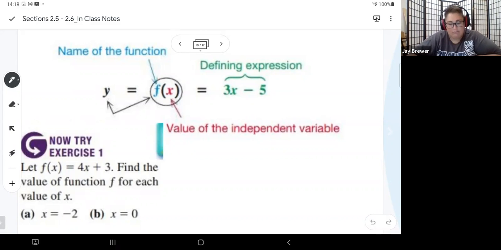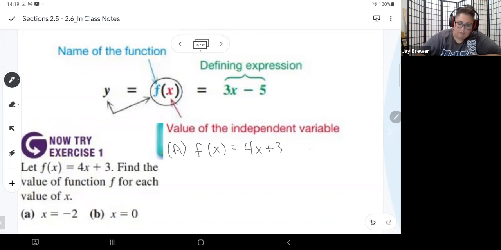And then we'll have our defining expression, which you guys are used to seeing. So for exercise 1 here, we have f of x equals 4x plus 3. For a, we want to find f of x equals 4x plus 3, but for x equal to -2.